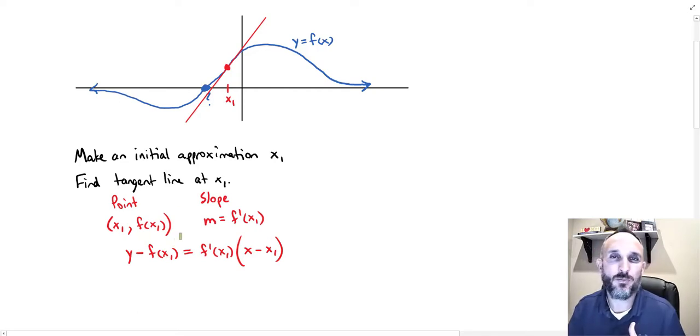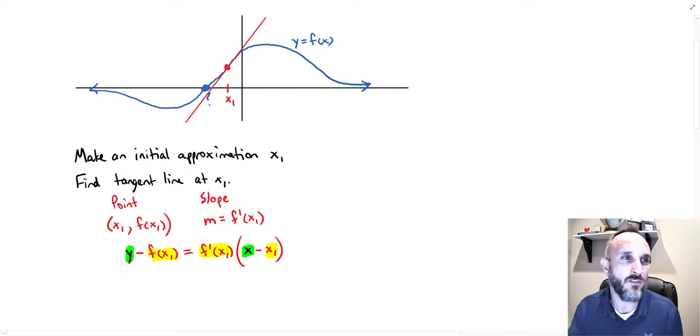Everything involving x sub 1 here would be a value, because x sub 1 represents some number, some initial choice, some initial approximation. So everything I'm highlighting in yellow would be a number, and then x and y would be the variables in this equation. And remember, I used the point-slope formula here to get the equation of the tangent line, because we knew a point and we knew the slope.